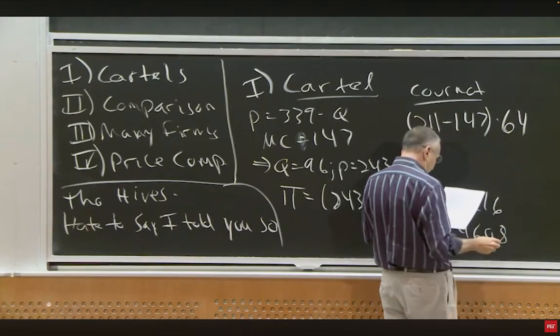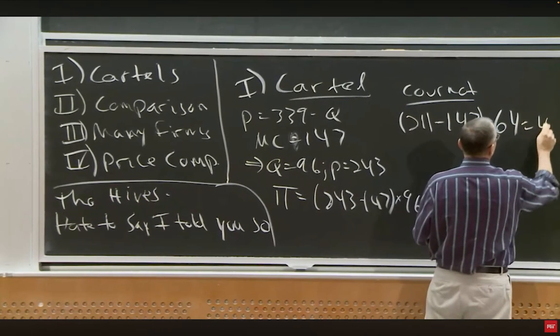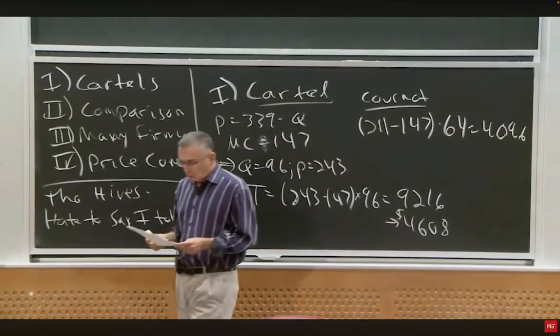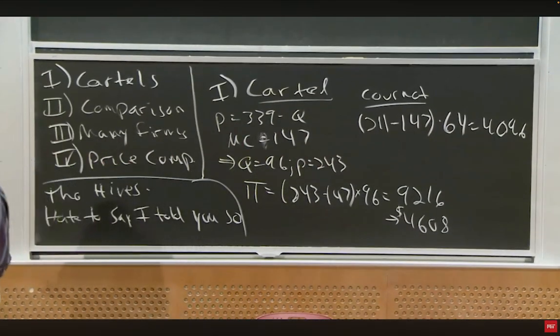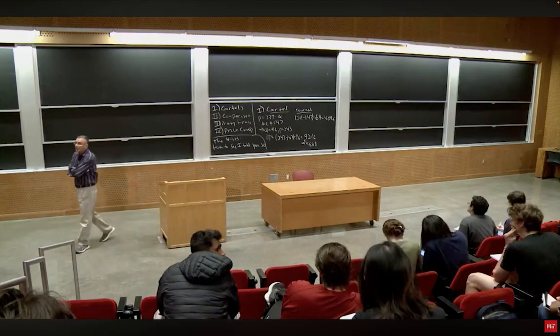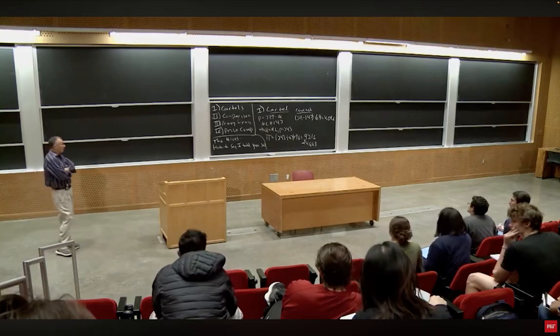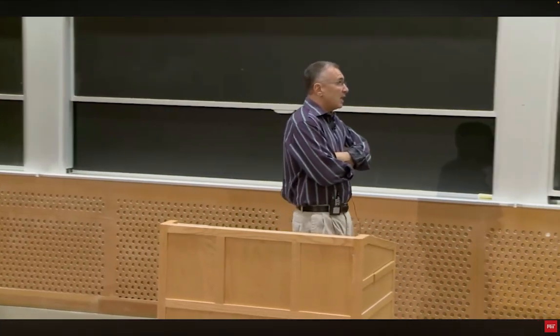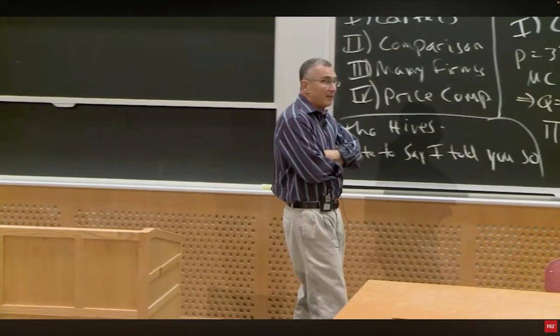So their profits for each firm were 4,096. So profits are 12.5% higher if they cartelize, because they keep the price higher and make more profit per unit. If they cartelize, each firm's profit is 4608 rather than 4096.